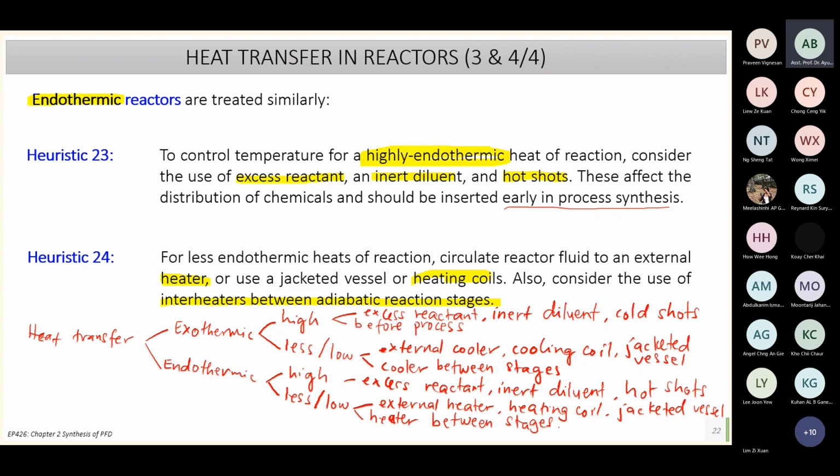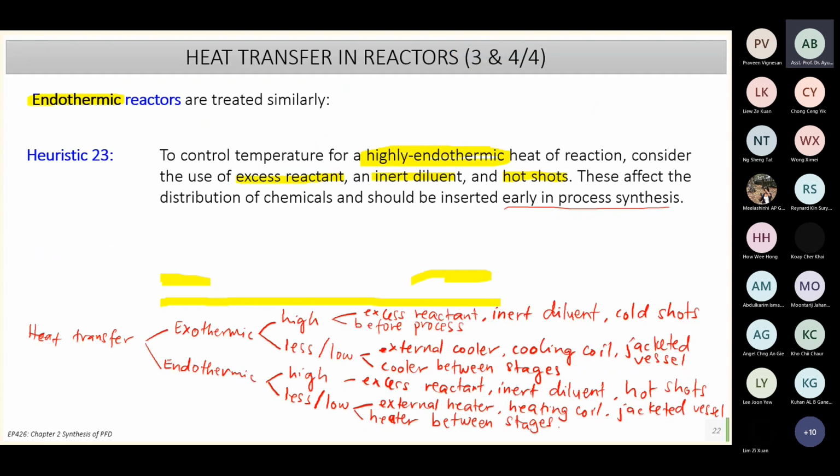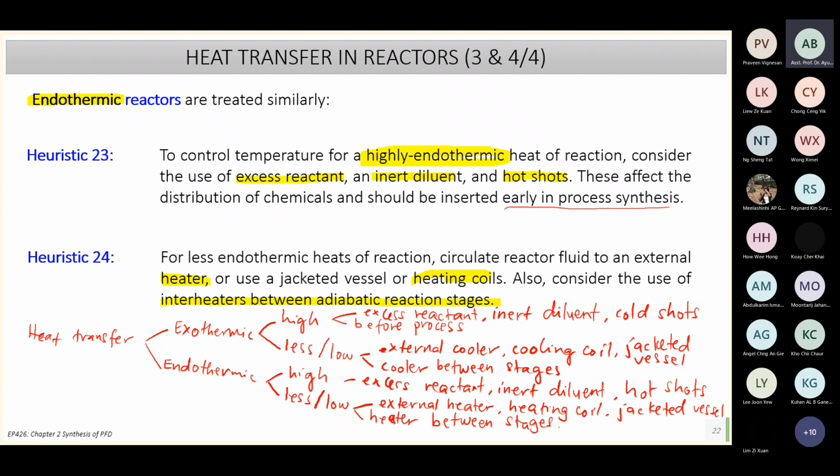So you will need to choose a suitable inert which can heat up the process a bit. Okay, so that's all for heat transfer. We have four: exothermic, endothermic, high, and low.